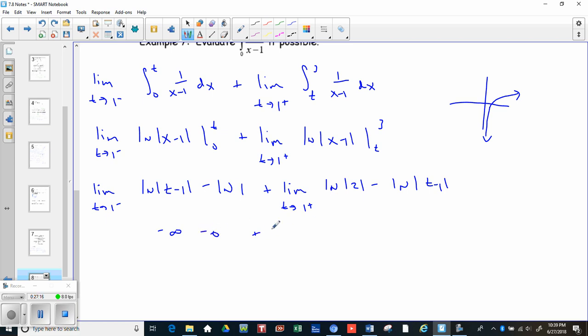This one is going to be plus the natural log of 2. And this one, again, is going to go to an infinity, negative infinity, positive infinity, whatever it is. Minus a negative infinity. This whole thing is some form of infinity, a constant, and another form of infinity. This thing is infinite. Therefore, it is divergent.